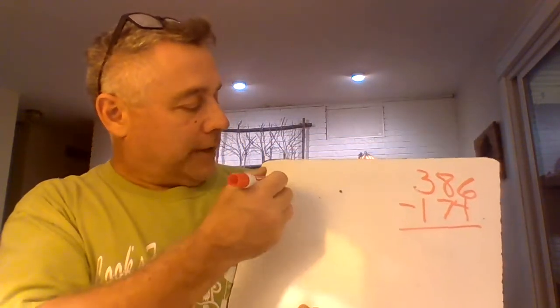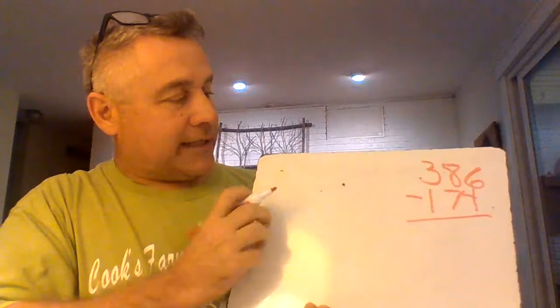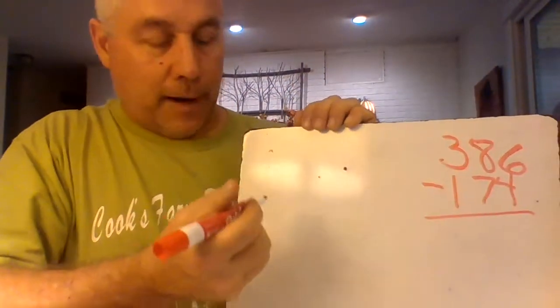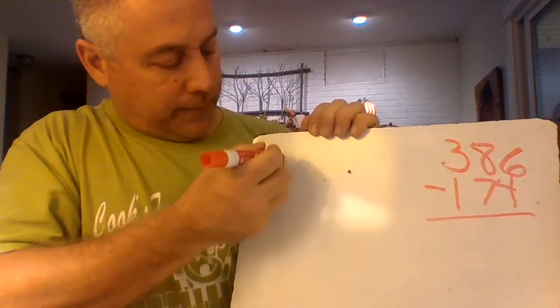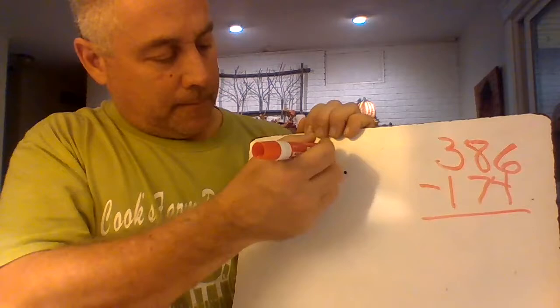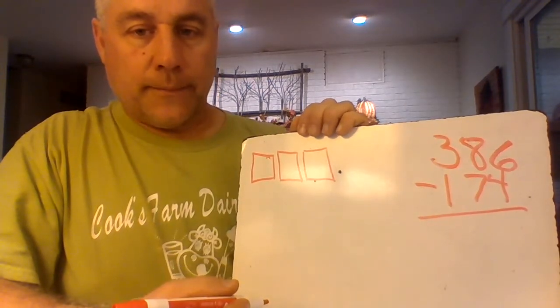So, if I take 386, first of all, I would have to have in my base 10 blocks 100, 200, 300s.